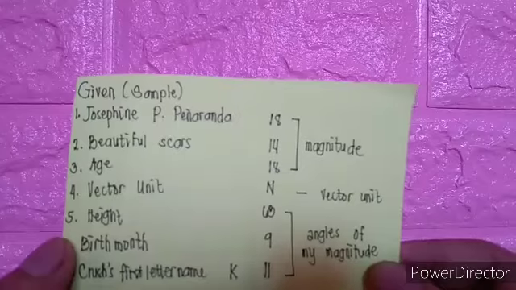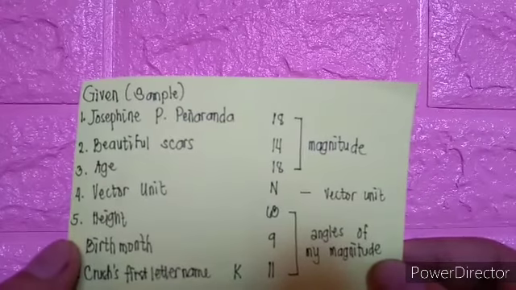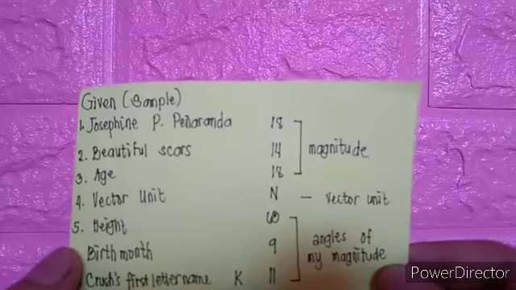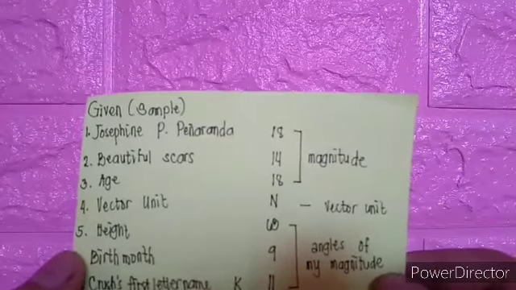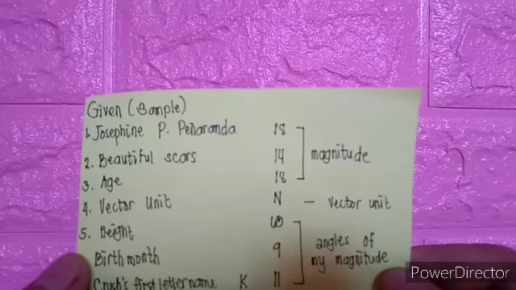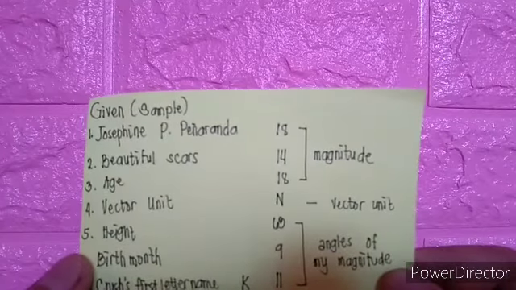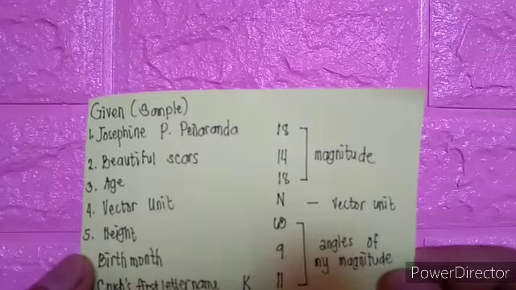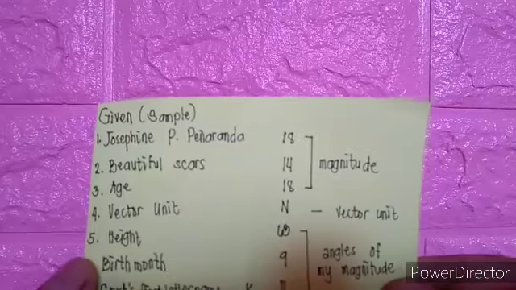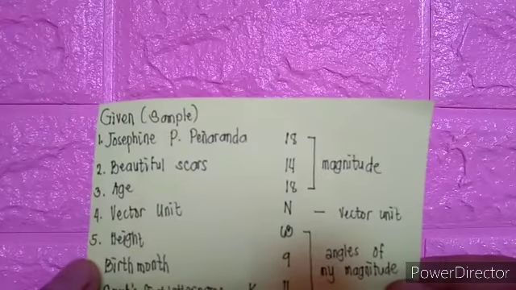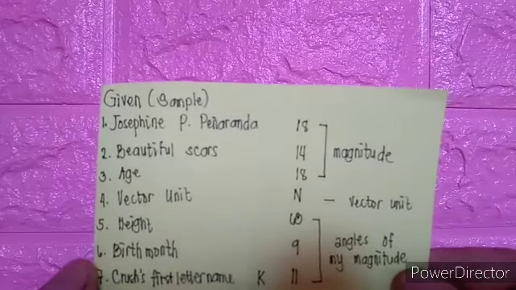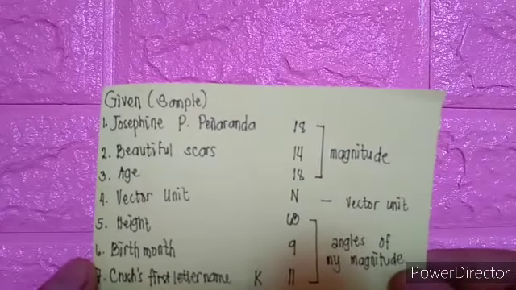My complete name has 18 letters, my favorite song has 14 letters, and my age is 18, though I look younger. These three numbers serve as my magnitudes.